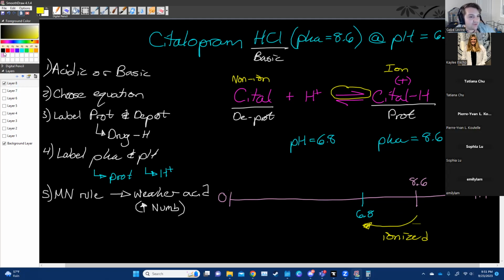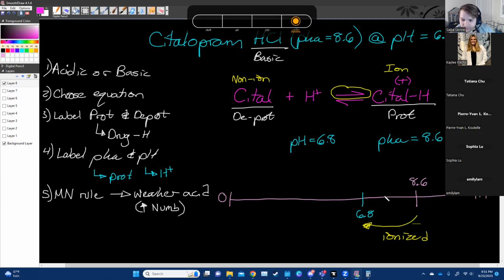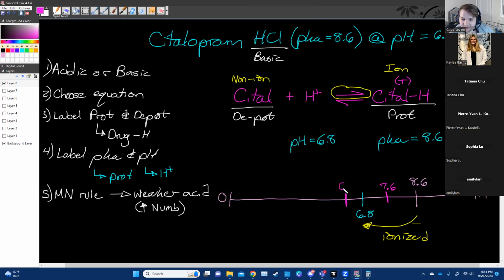Now we just need to figure out the percent. So we can say that we have 7.6, 6.6, and 5.6. At 7.6, we're going to have 10 over 1. At 6.6, we're going to have 100 over 1. And at 5.6, we're going to have 1,000 over 1.